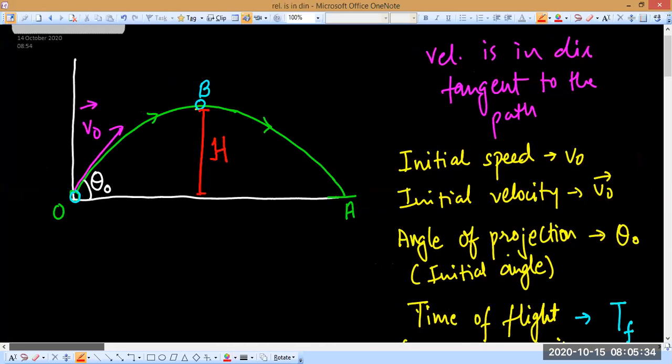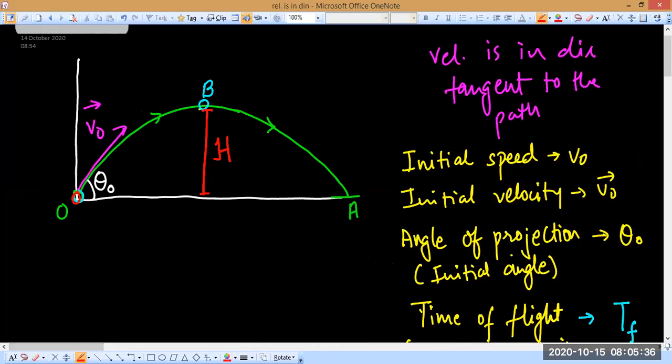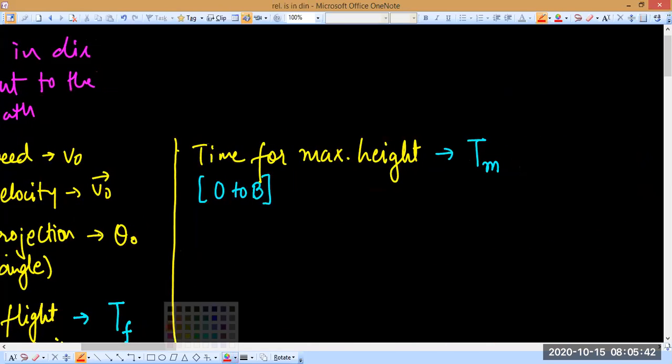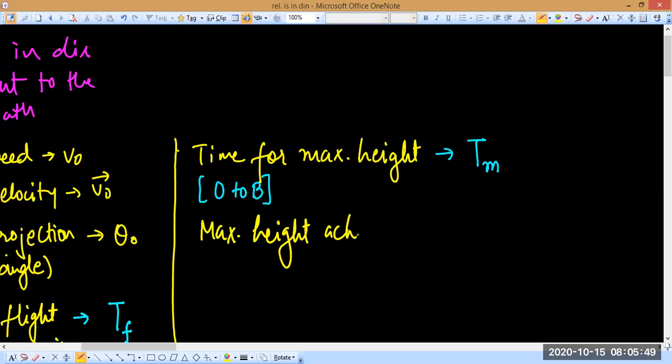From wherever you are throwing, from there it reaches this maximum height. So that's capital H. The next term is maximum height achieved. Is this the right spelling of achieved? Let me do a spell check.